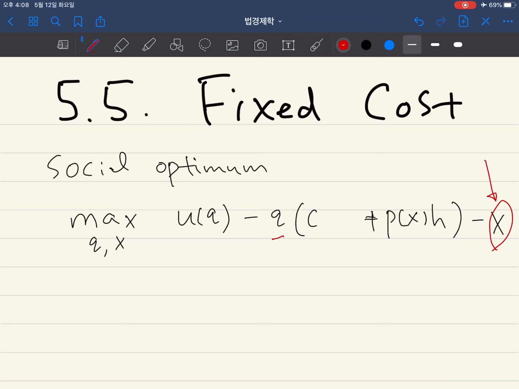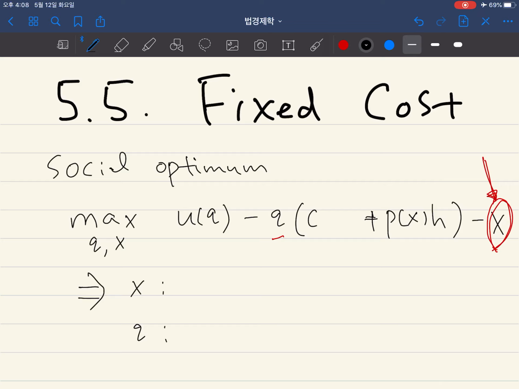So even when Q is equal to 0, this total care cost can be positive. So now in this formulation, care cost enters as fixed cost in firm's problem. So in this case, this is a social welfare maximization problem. So let's find the social optimum.